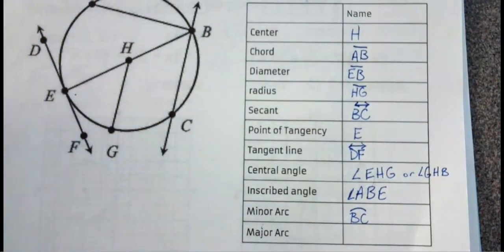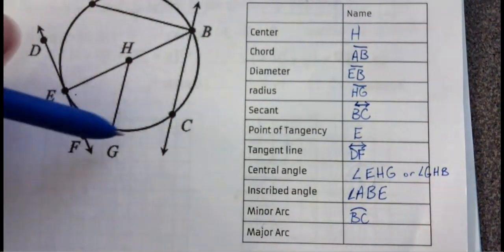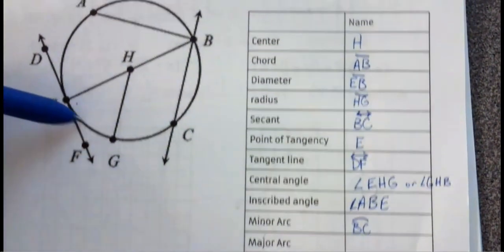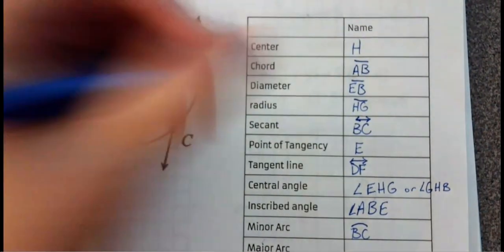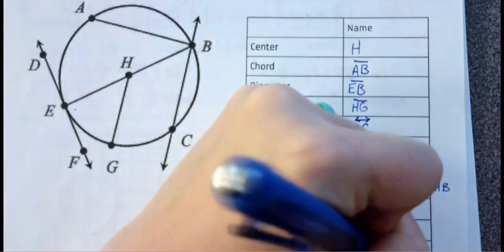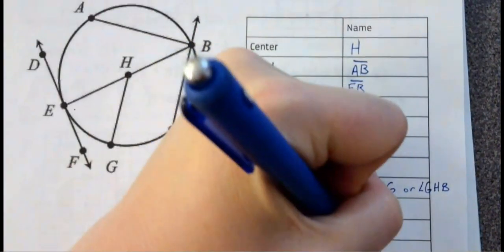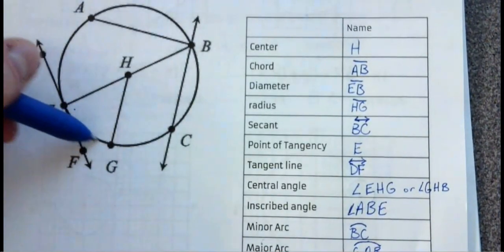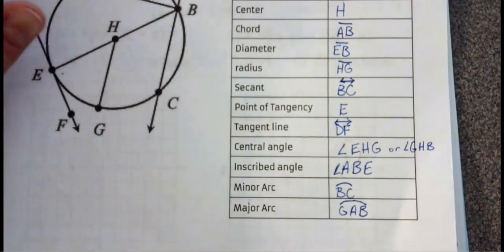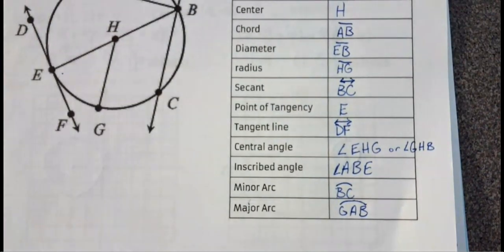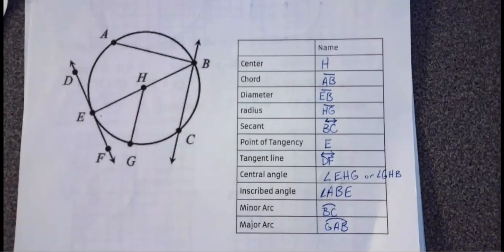The major arc, it's kind of up to you, however you want to do it. I'm going to say G to A to B. That's a big arc right there. It starts at G, goes around to A, and then to B.